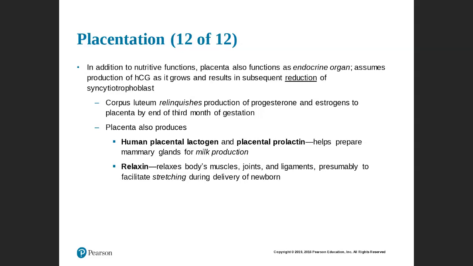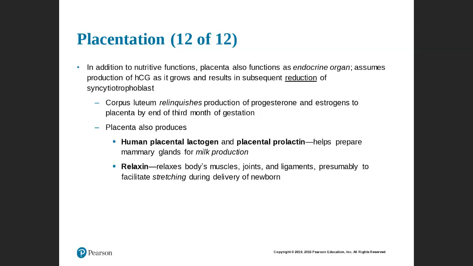What other hormone? Okay, and another substance that's produced by the placenta is called human placental lactogen, HPL, and also placental prolactin. Remember, we have prolactin from the anterior pituitary, but we also have prolactin from the placental source.